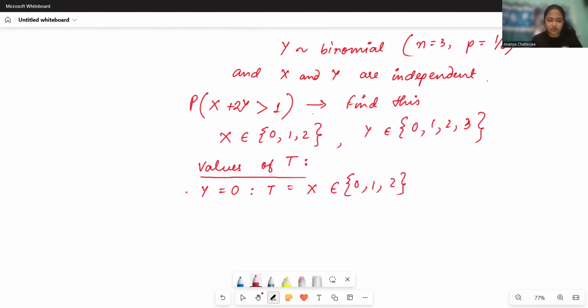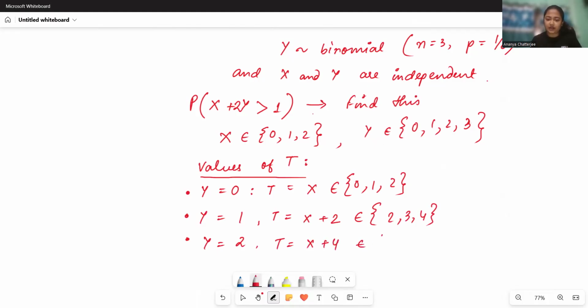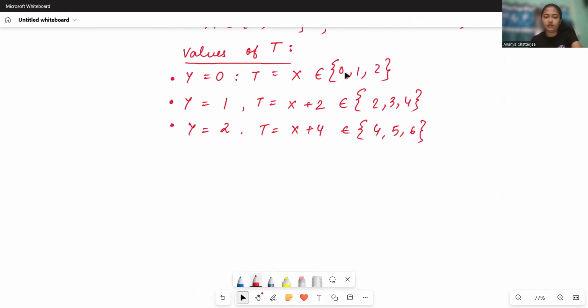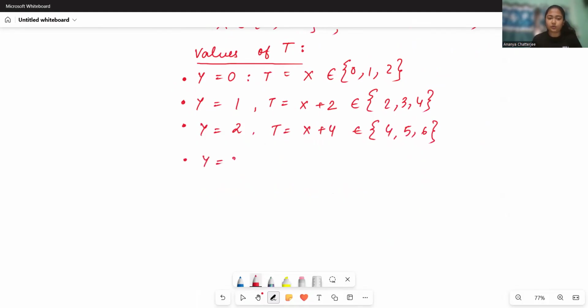Now when Y is equal to 1, T is X plus 2, that is 2, 3, 4. When Y is equal to 2, T is X plus 4, that is 4, 5, 6. And the last one, when Y is equal to 3, T is X plus 6, that is 6, 7, 8.